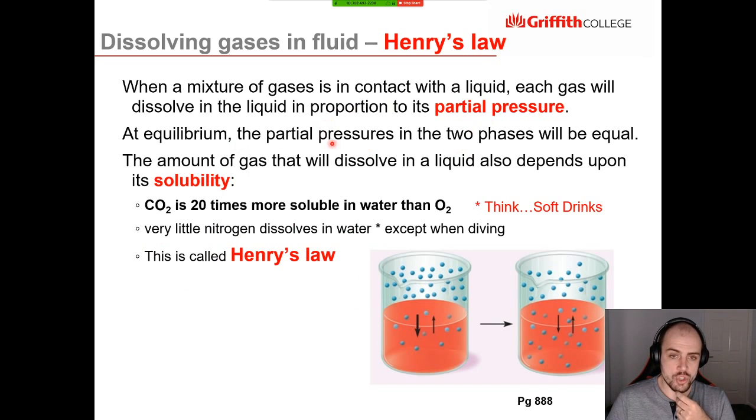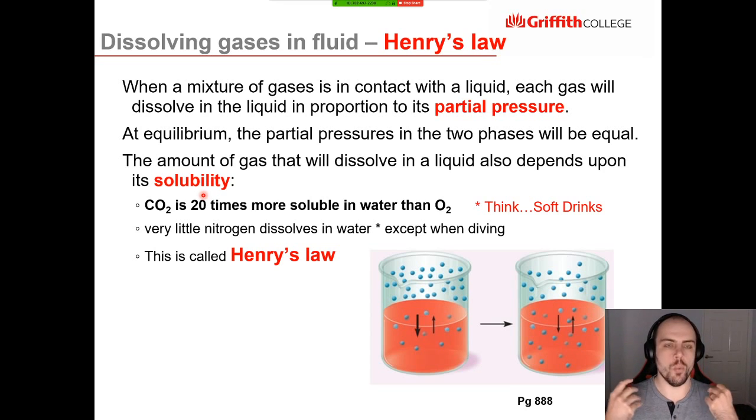All I want you to know with this is that the amount of gas that will dissolve in a liquid depends upon its solubility. What this means is it is so much easier to dissolve carbon dioxide in water.